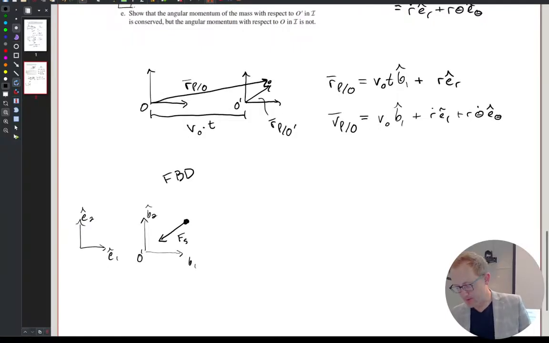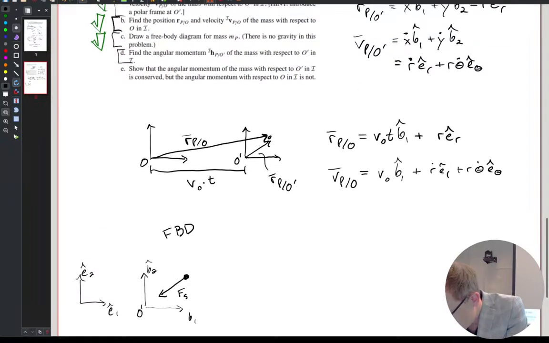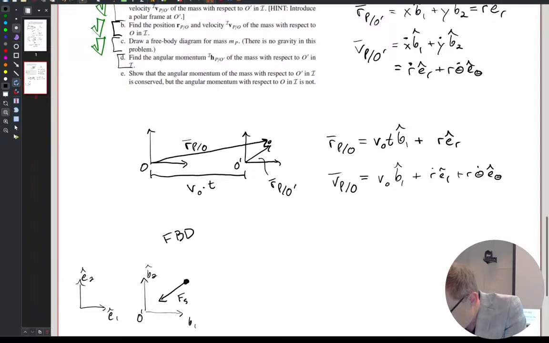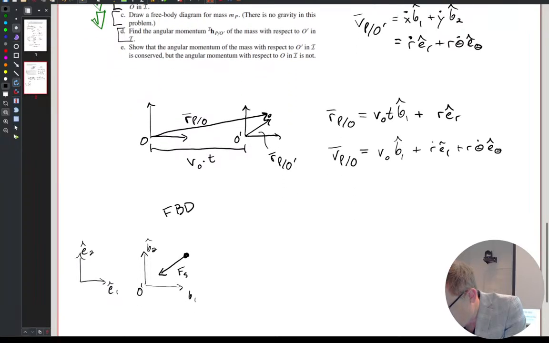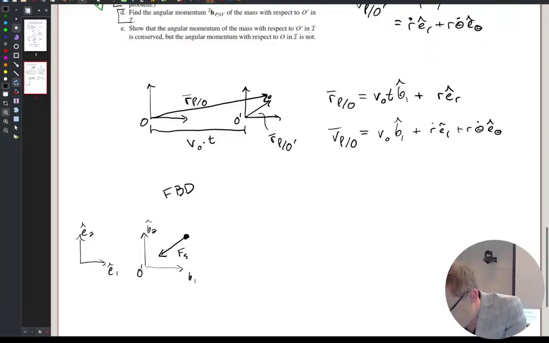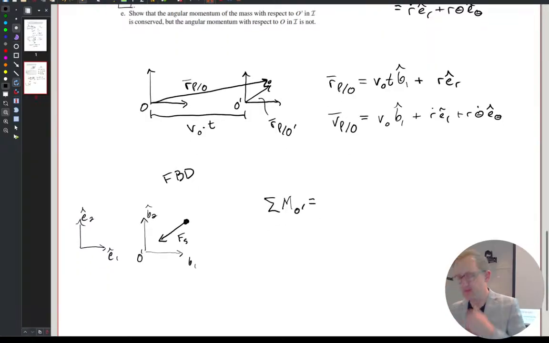And we can even skip the kinetic diagram because we're using momentum methods. And this one says find angular momentum, but I don't want to go there yet because I want to look at the sum of the moments, because we just went through the work of drawing a free body diagram.